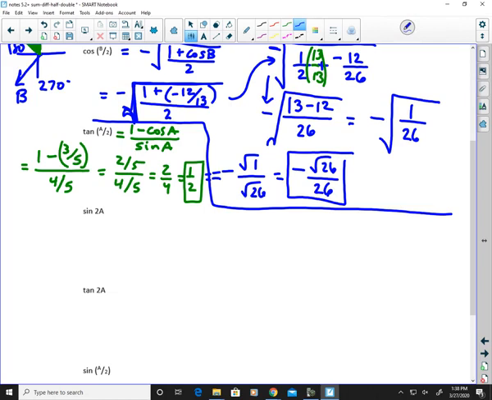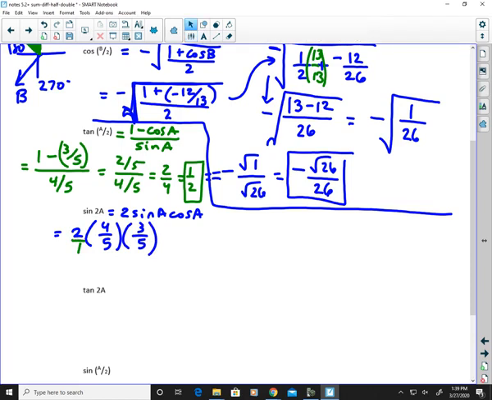Pause the video and try one yourself. 2 sine A cosine A equals 2 times 4/5 times 3/5. Don't forget the 2 is up with the 4 and the 3, so my product is 24 over 25.